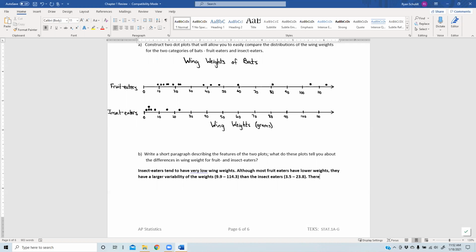As we already mentioned, before we even read this question, there's also fewer observations for the insect eaters, meaning we only have 7 than for the fruit eaters, where we have 15 observations. So those are a couple of things that the dot plots can tell you.